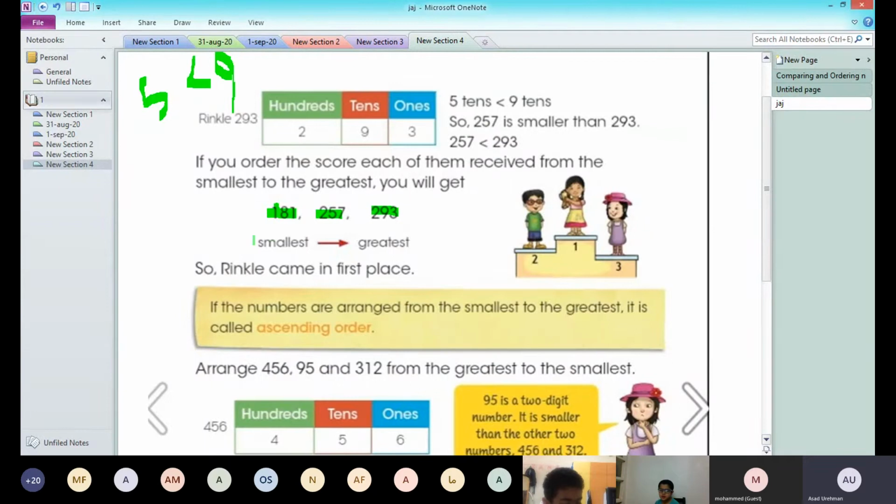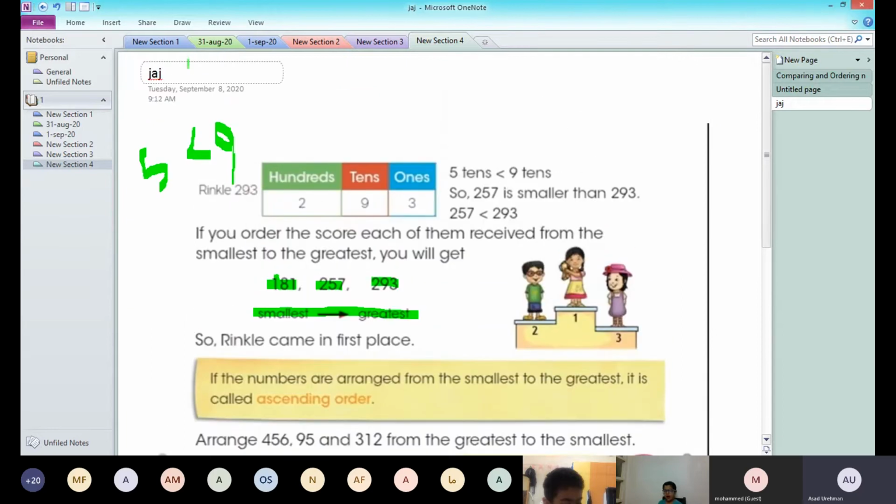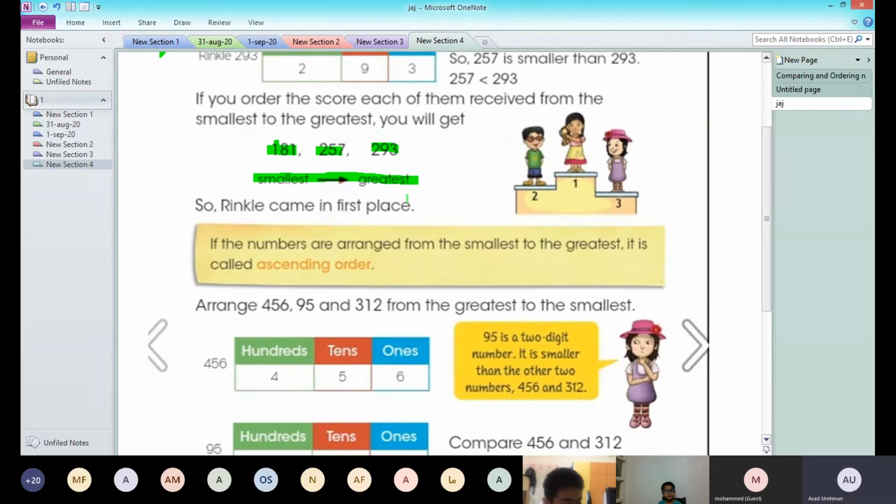Here we arrange smallest to greatest. If you arrange numbers from smallest to greatest, this is known as ascending order.